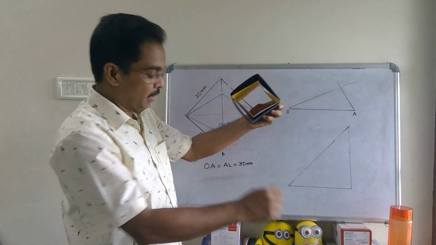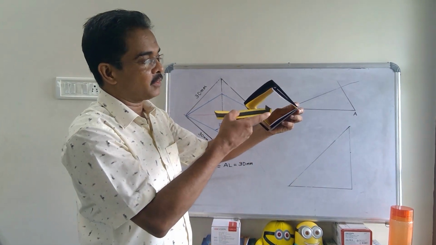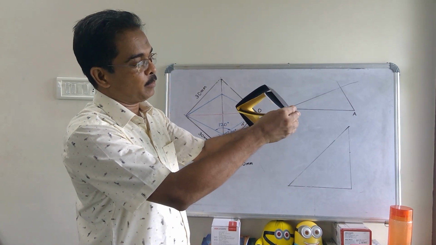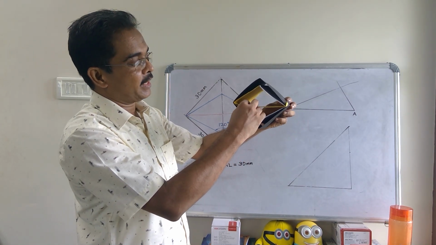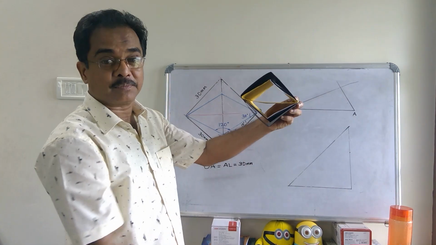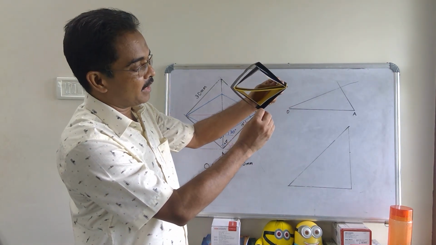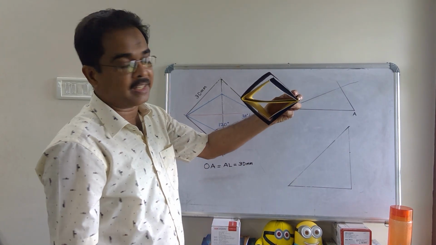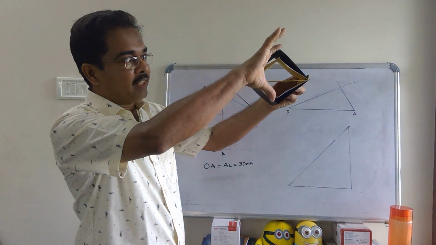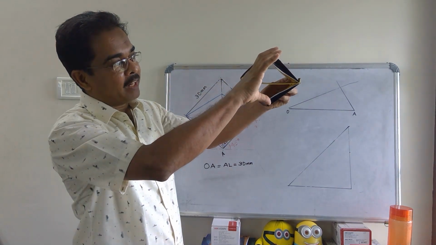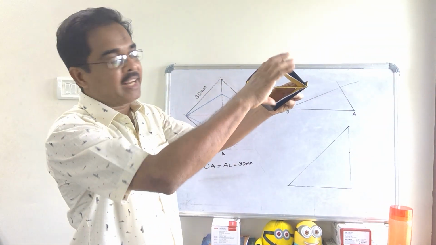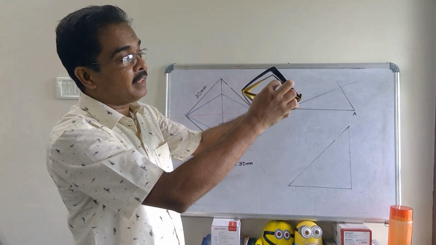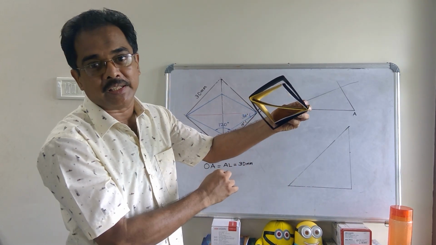Now let us check the angle. Sorry, we should keep the diagonal length the same. So you can see that now the diagonal length is the same, but this angle is 90 degrees, while this angle is not 90 degrees, because I slightly compressed the solid. I am getting the new shape, keeping the diagonal length the same, and the angle is 120 degrees.